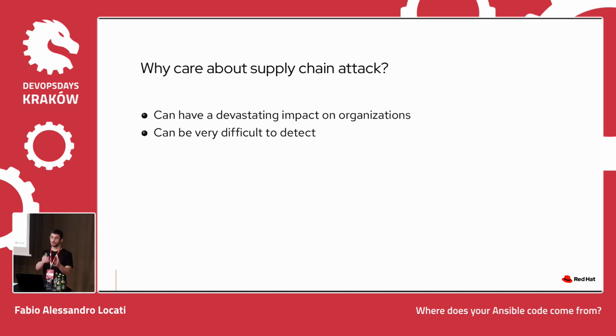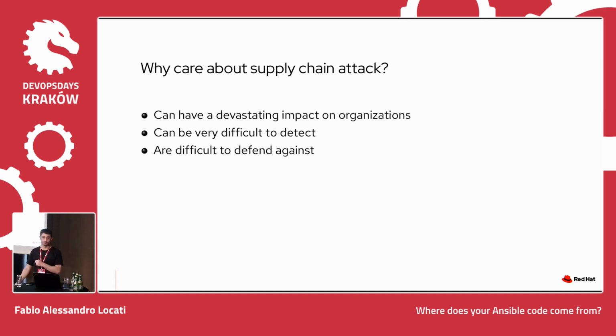So if you have an attack on your Apache server, for instance, you can have some metrics that start to be weird at least. So you can easily detect that something is going on. Maybe you're not detecting exactly what is going on, but at least that something is going on. For supply chain attacks, usually it's very, very hard to actually detect that there is something wrong.